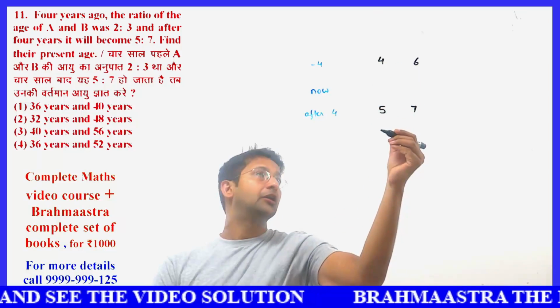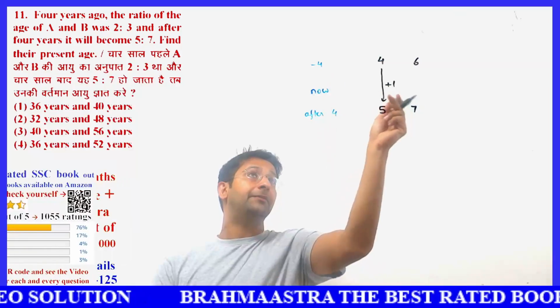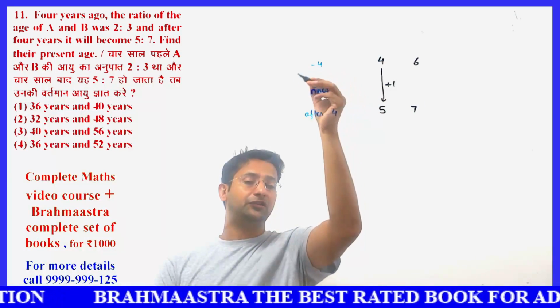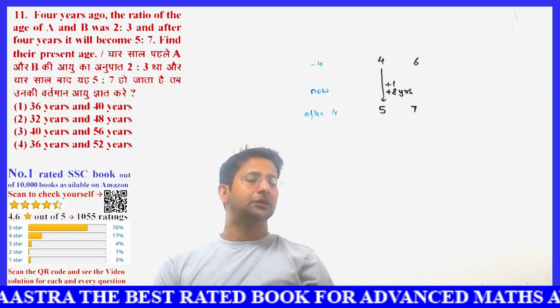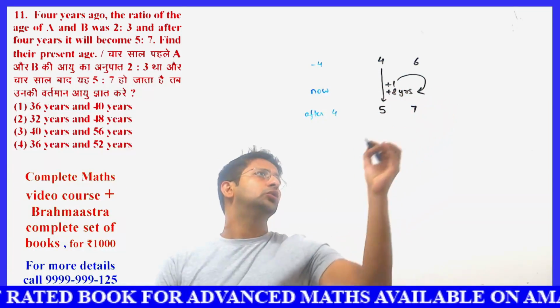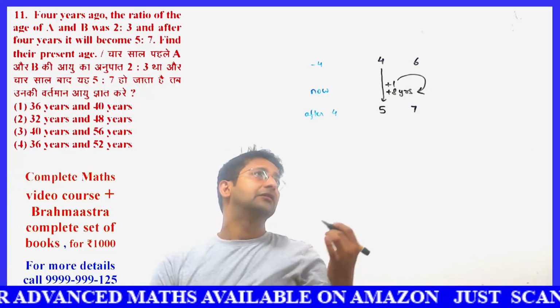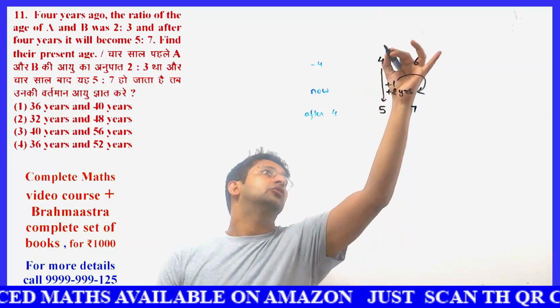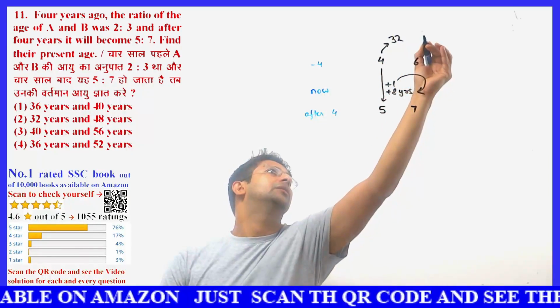So 4, 5. This is an increment of plus 1 part, but year wise it is minus 4 to plus 4, that is plus 8 years. Clear? So this 1 part corresponds to 8 years. Find their present ages. So this will be 4 years ago. This will be 32 and this will be 40.